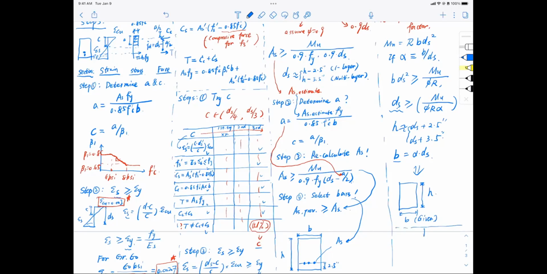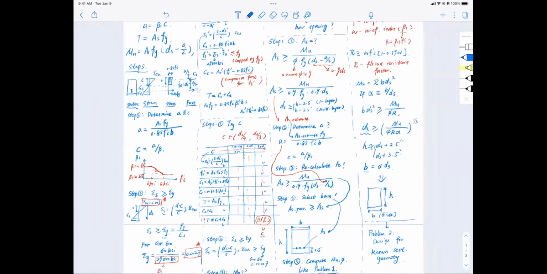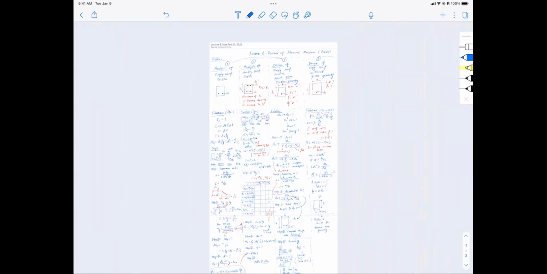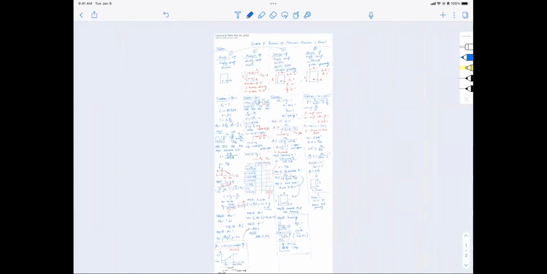This problem just becomes problem number 3, that is, design for a known section geometry. Let's just repeat problem number 3 now. That is everything we learned so far.